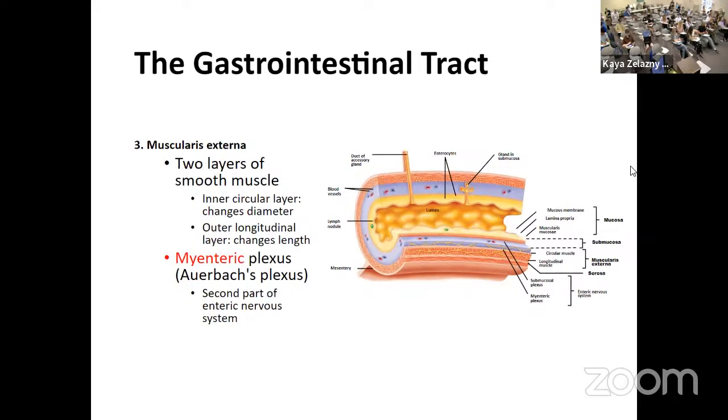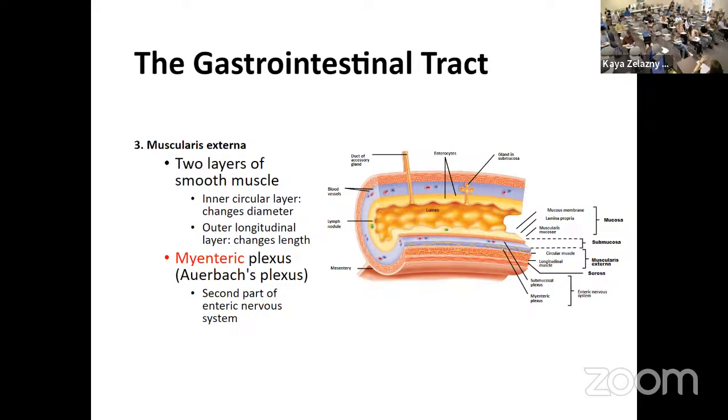Stepping out further, looking at the muscularis externa. So this is a thicker layer of smooth muscle. Also has longitudinal fibers as well as circular fibers. So these layers, instead of just mixing stuff around, we'll get to why this helps to push food forward, but it's going to have an inner circular layer that changes the diameter of our tube, right?